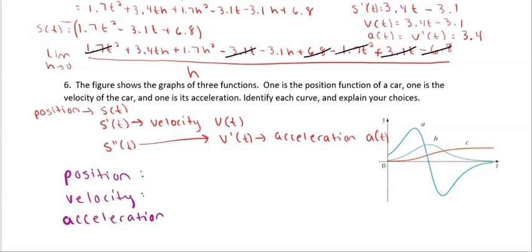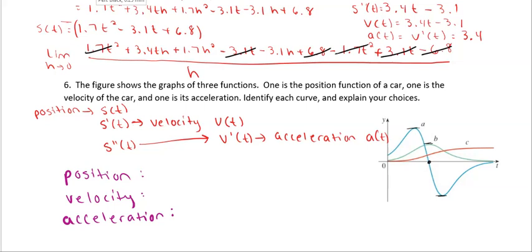We have to figure out which graph over here, A, B, or C, goes to each one. There's a couple things that I'm noticing. First, right away, when I look at these graphs, I'm noticing there's a few maximums. We got one right here, we got one right here, there's a minimum right here. I'm also noticing right here we have a spot where we're crossing the x-axis. So those are a few biggies that I'm noticing.